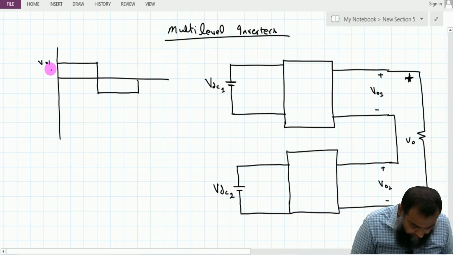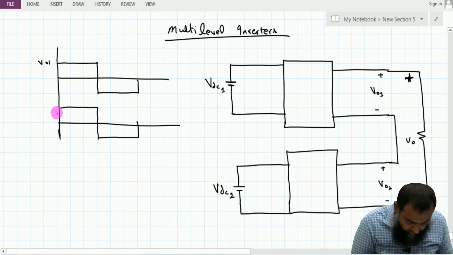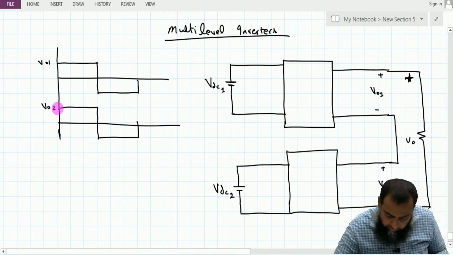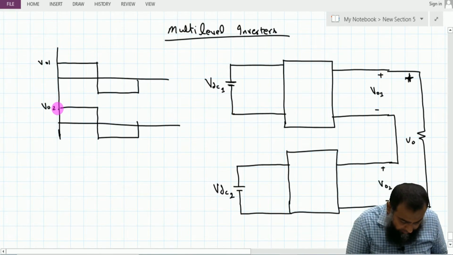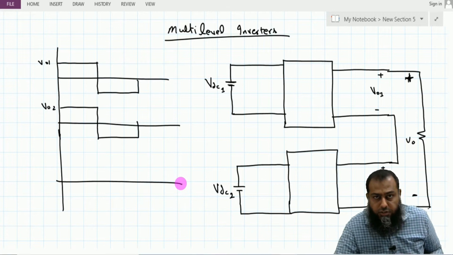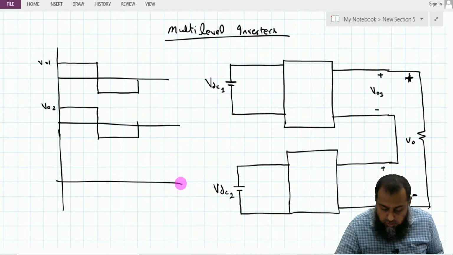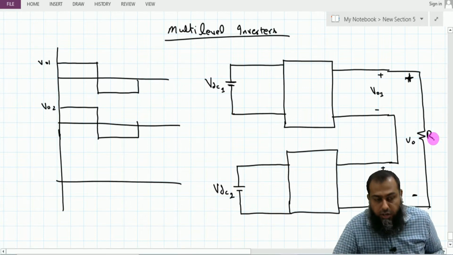So this is V01 and this is V02. Let us say these are perfectly synchronized. So whenever we are getting V01 here, we are getting V02 here. In that case, the series connection just brings up the sum of these two independent voltages across this resistance R, which is considered a load here.